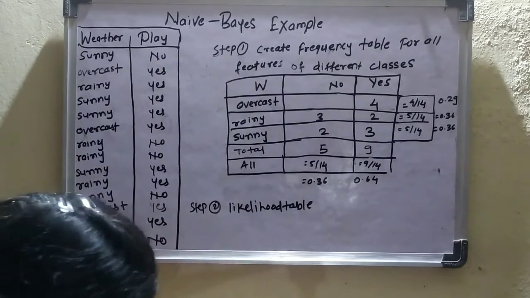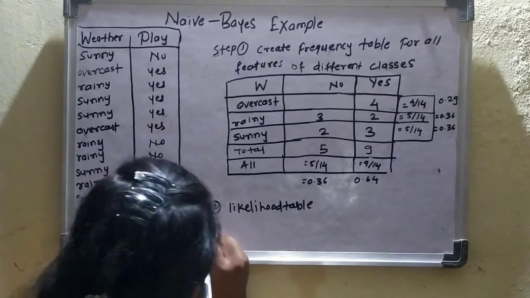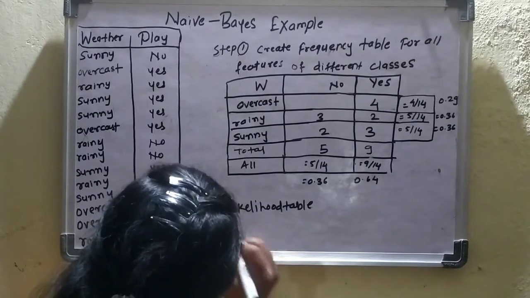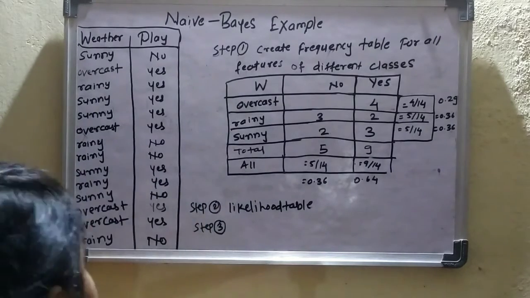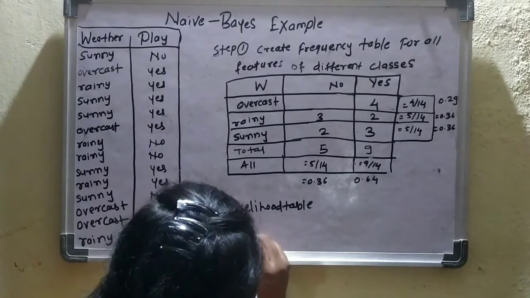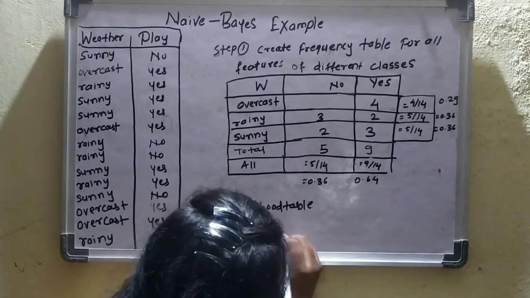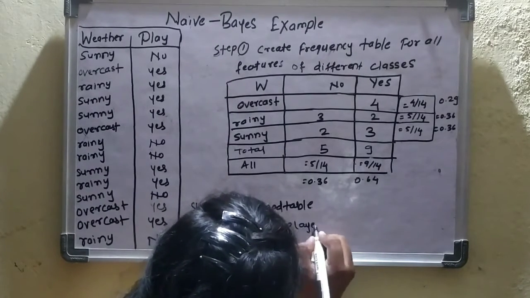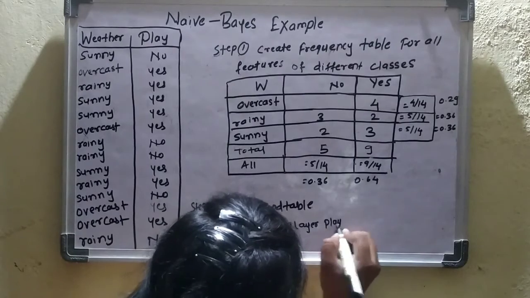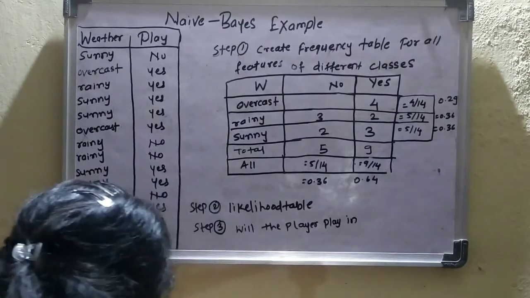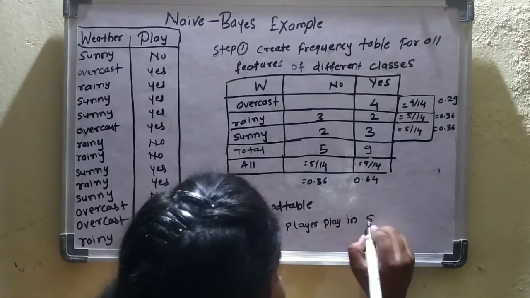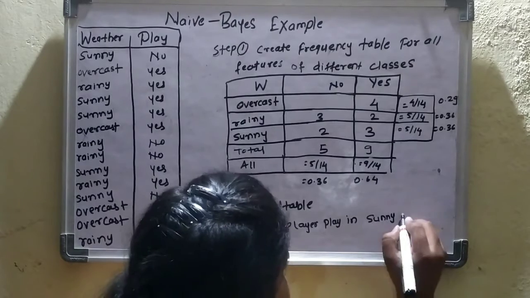Now what is step 3? Step 3 is the question that we have. The question is, will the player play in sunny weather?